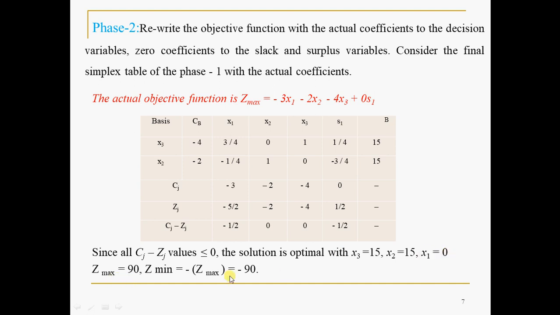And Z max, if you substitute the values, x1 as 0, x2 as 15, and x3 as 15, you will get 90. Z min is minus Z max, so minus 90 you will get.